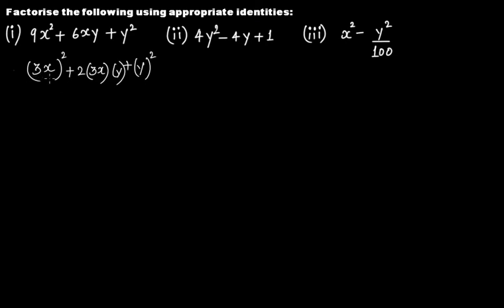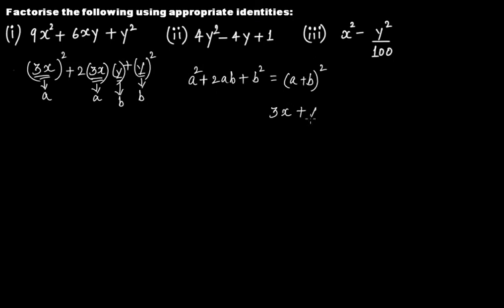Therefore, if we take 3x as a and y as b, it's of the form a squared plus 2ab plus b squared, right? Therefore, this is equal to (a plus b) whole squared. Now, a is 3x and b is y. It's basically (3x plus y) whole squared.